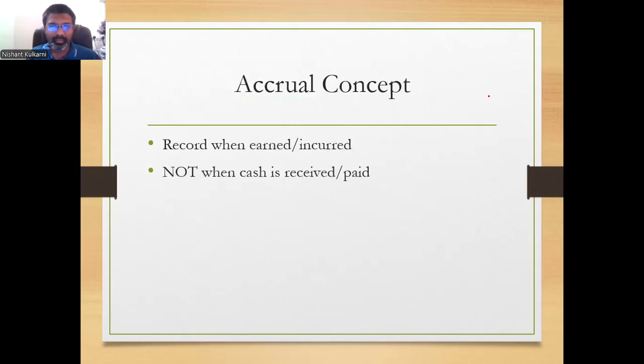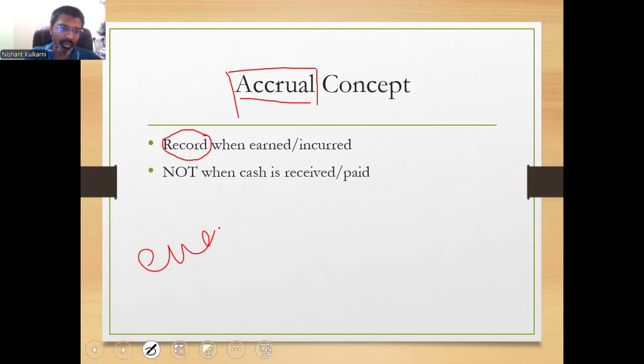Okay. Next, the accrual concept. This is a very important concept. What is accrual? Accrual means you have to record the transaction, enter it in your books, when the actual event takes place. Now, what is an event? Let's say I have an employee in my office.